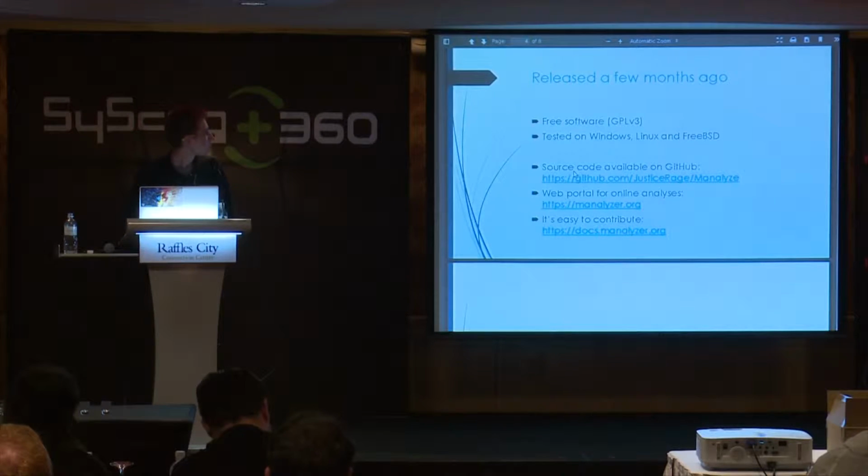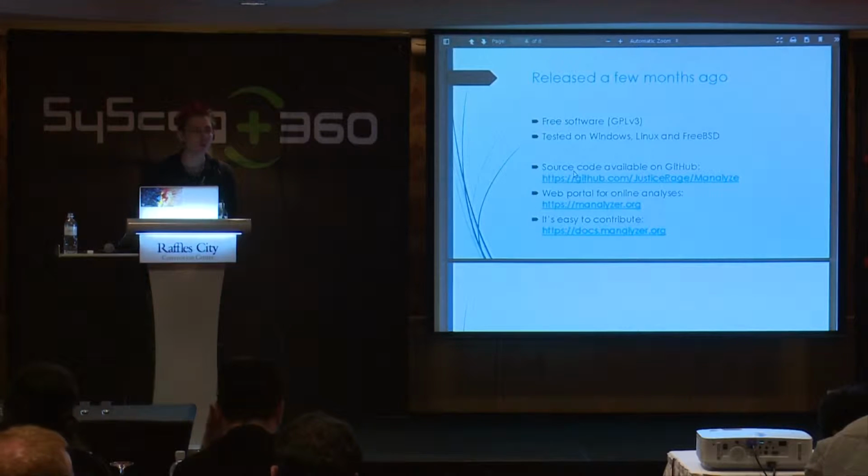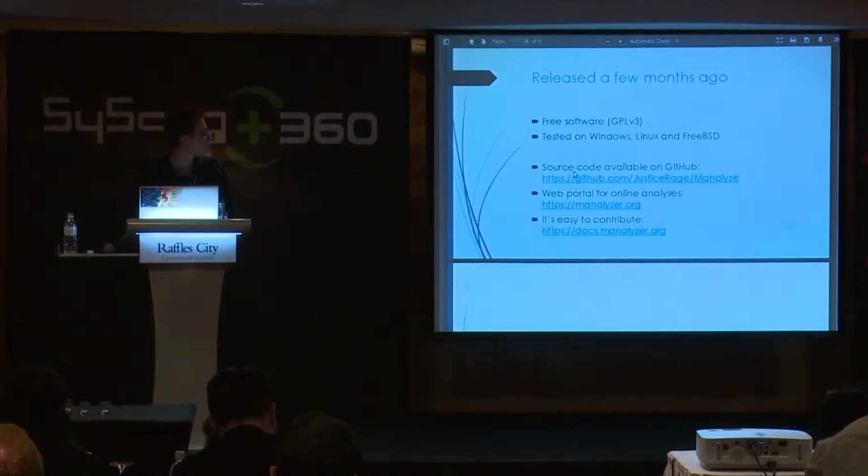You may be thinking that it doesn't bring anything new to the table, and it's true that there are other tools that do quite the same thing. But I think what Manalizer brings is that it's a fully open source solution. It's released under the terms of the GPL v3 license, and it's multi-platform, so it works on Windows, Linux, and also BSD.